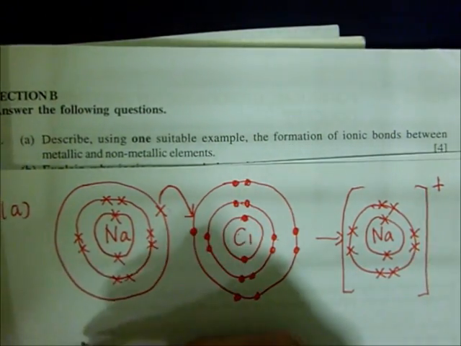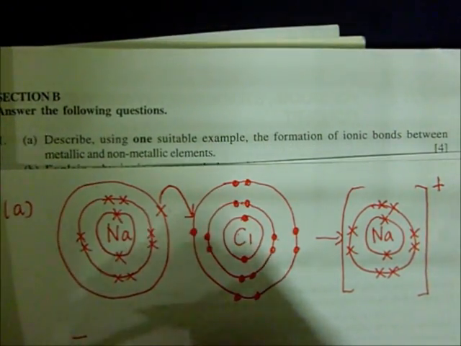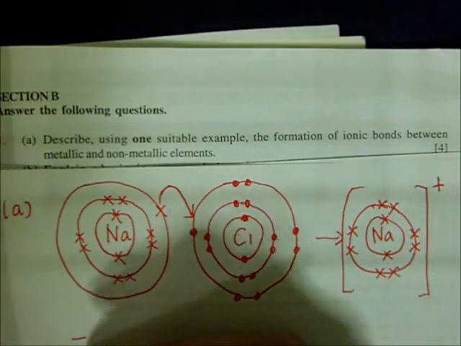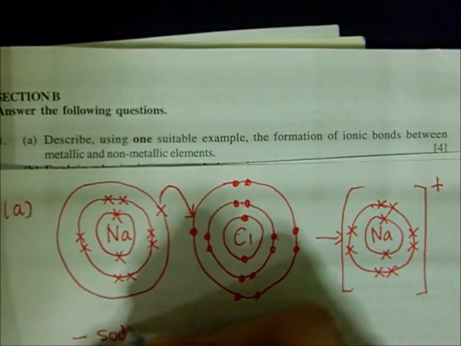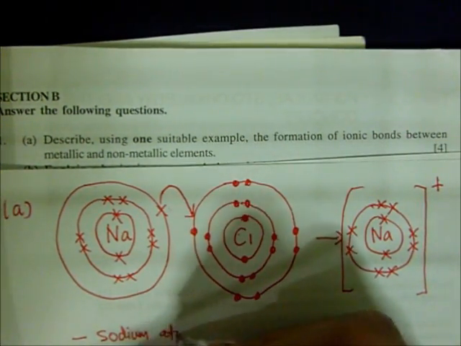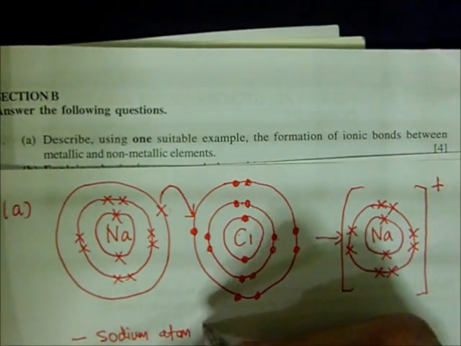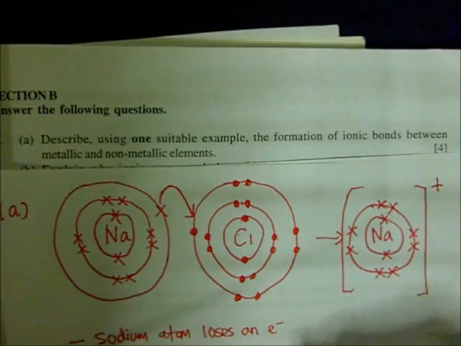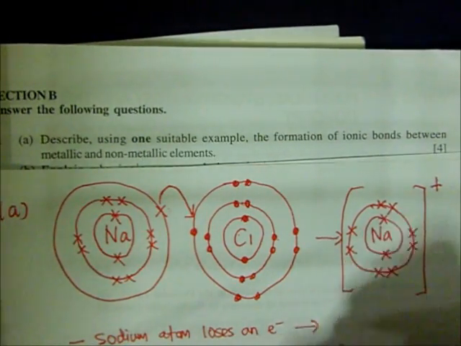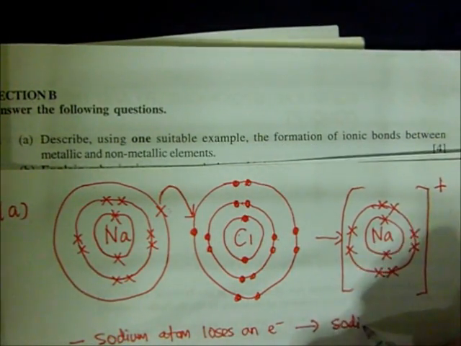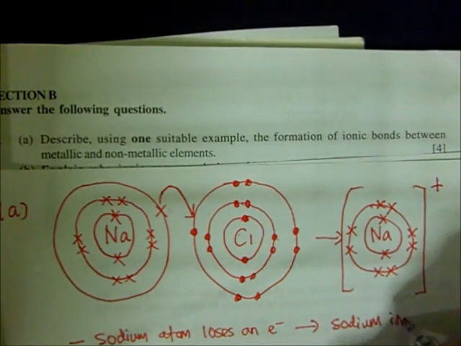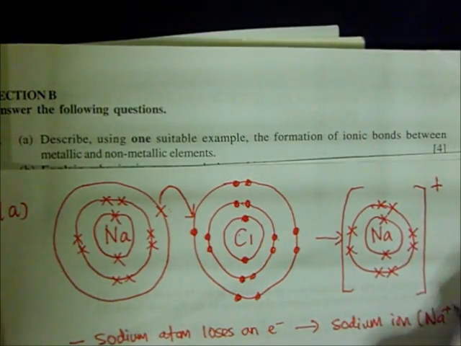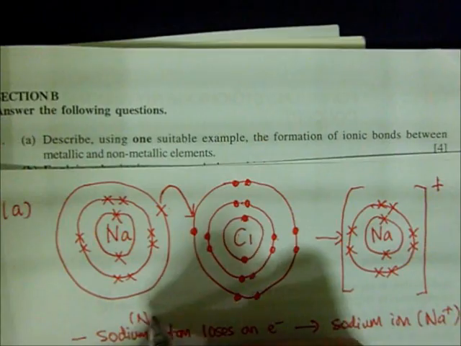I'm just going to write it down in point form. The sodium atom loses an electron to become sodium ion, which is Na plus. This one is Na.